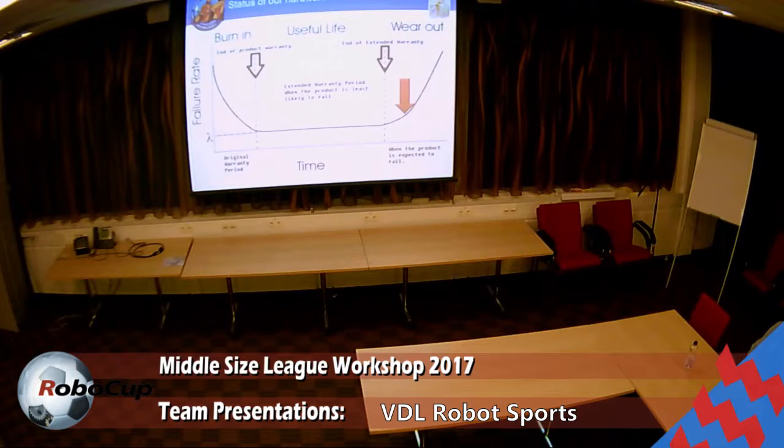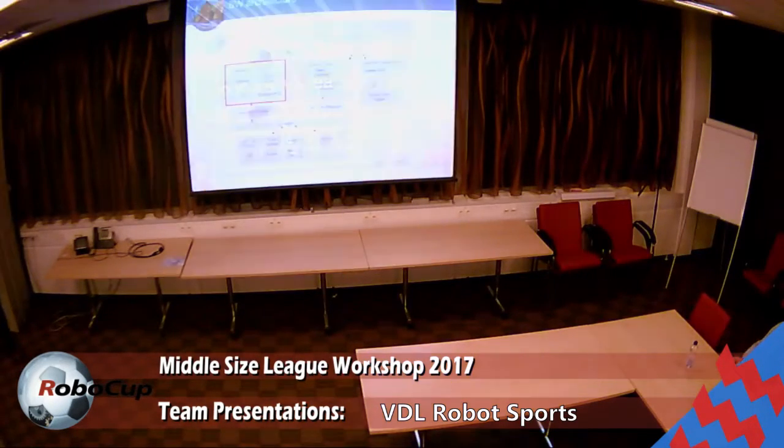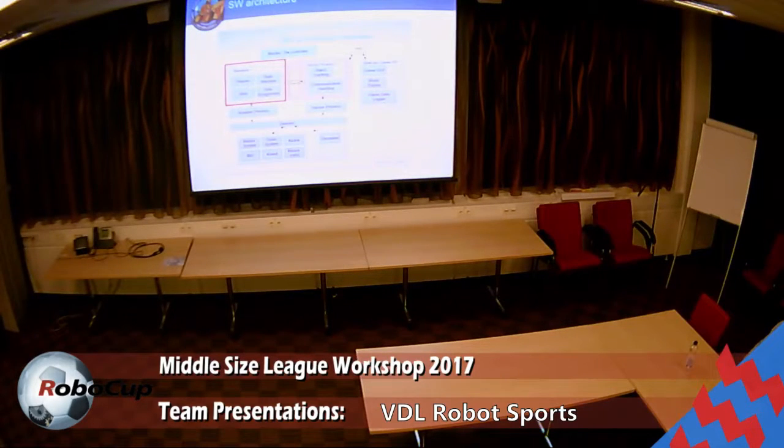So this is about where we are with our robots. We're at end of warranty, according to this slide. Cooperative team play: this is the structure we have in our control software. We have a 40 Hertz update in that system.